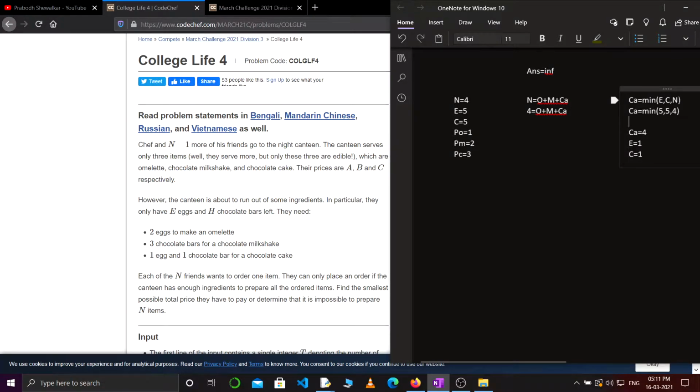But why this n? In this example you can see we have 5 eggs and 5 chocolates. So maximum we can actually make 5 cakes, but our requirement is of just ordering 4 items, right? So why waste that one iteration? In this example it's just one iteration, but let's say we have 100 eggs and 100 chocolates.